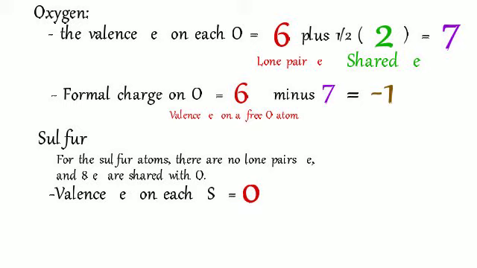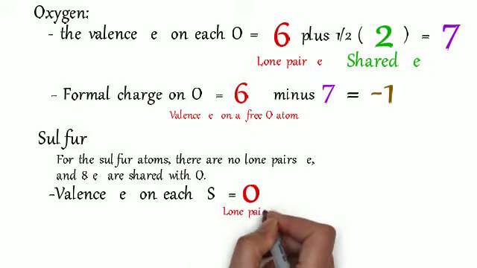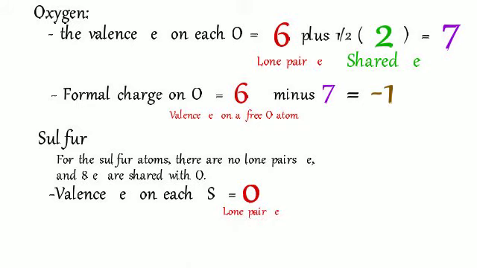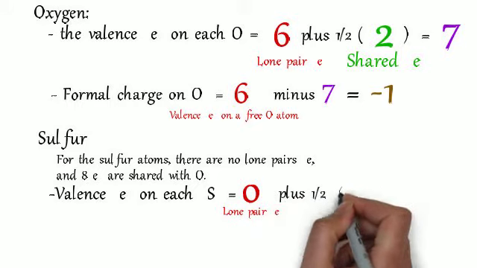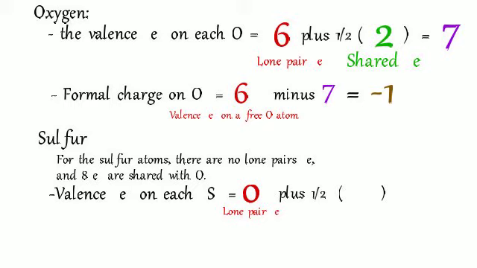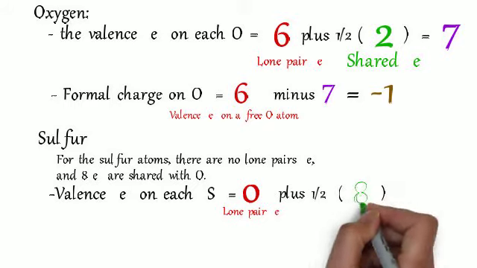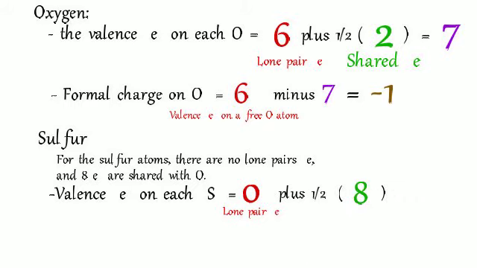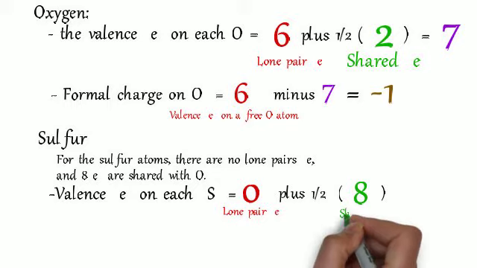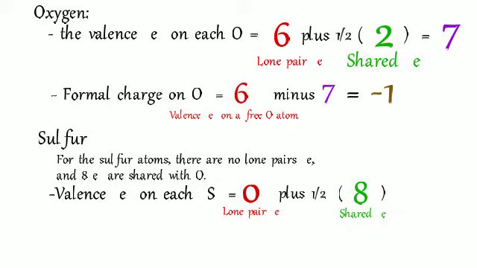There are no lone pairs of electrons on it. Plus 1/2 of the shared electrons. How many are those? 8. It is sharing 8 electrons. So what does that come out to be? This is 4.